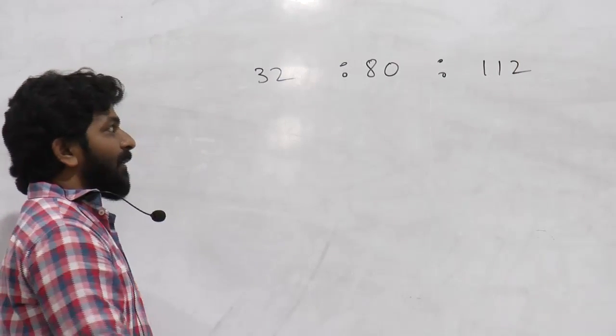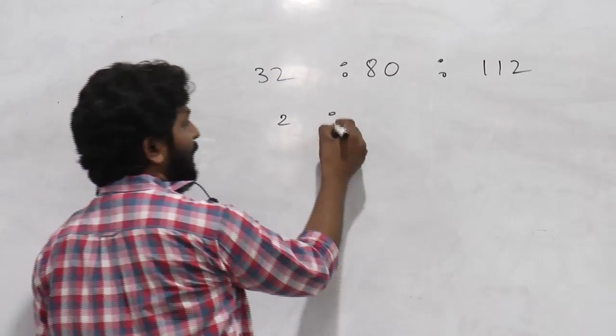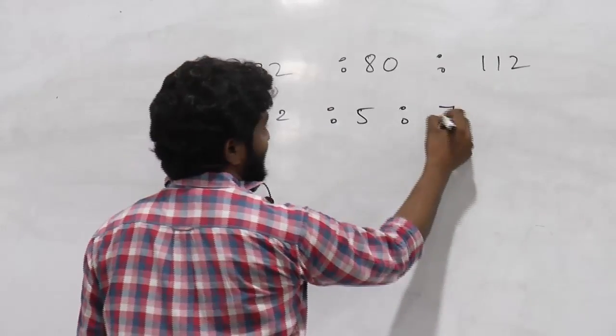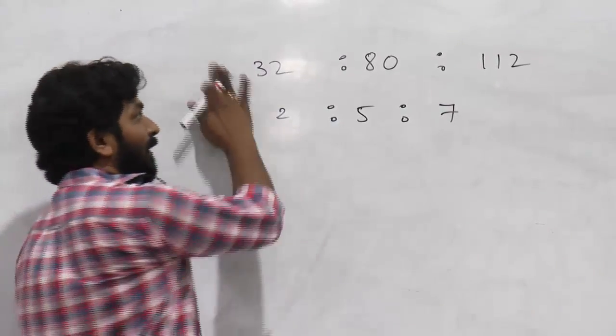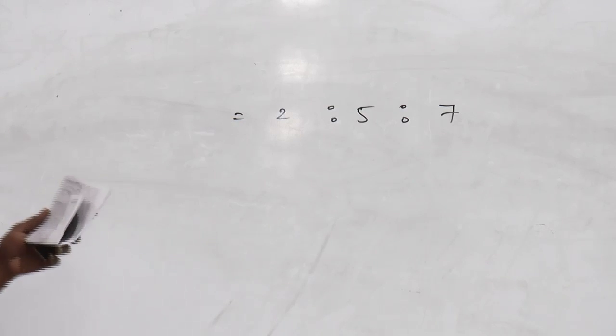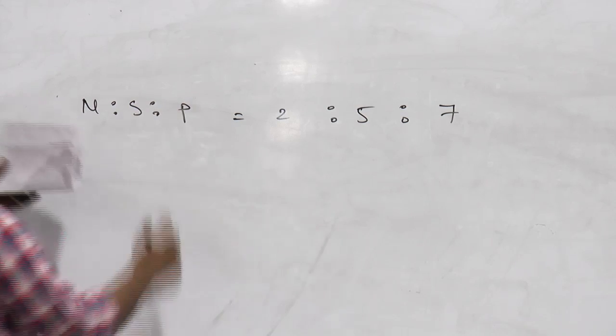Okay? Ratio cancellation with 16: 2 times, 5 times, 7 times. This is their profit sharing ratio between Nita, Shiksha, Pramila.